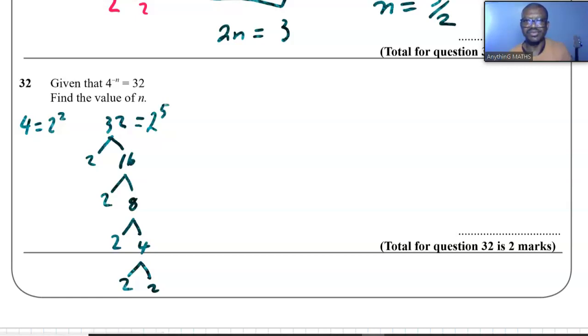Then we do a little bit of alteration. So instead of writing 4, we're going to write 2 raised to the power 2, all raised to the power negative n, should be equal to 2 raised to the power 5.